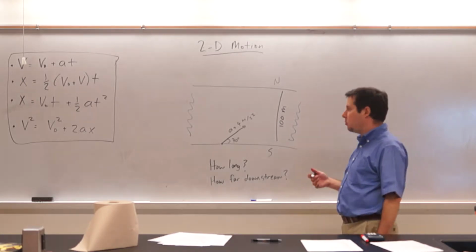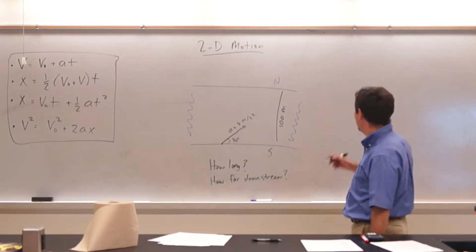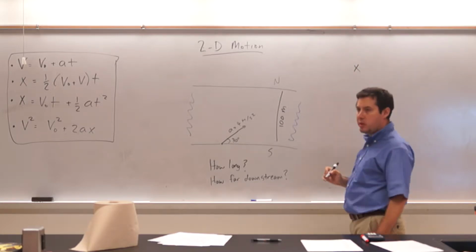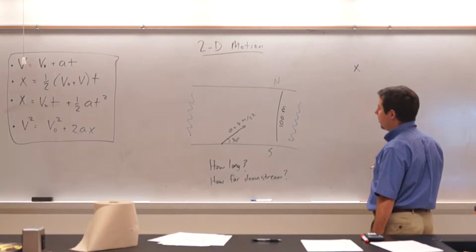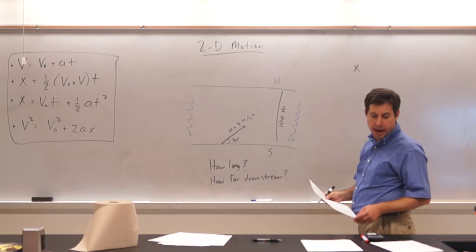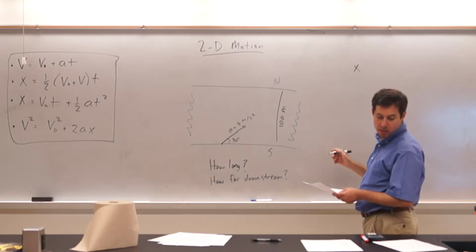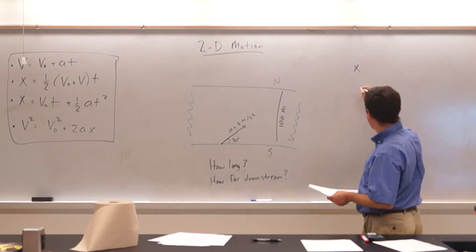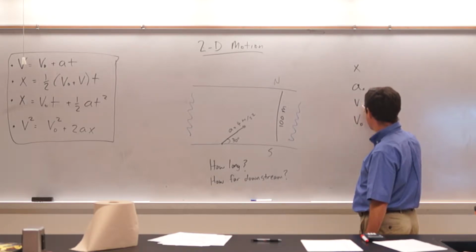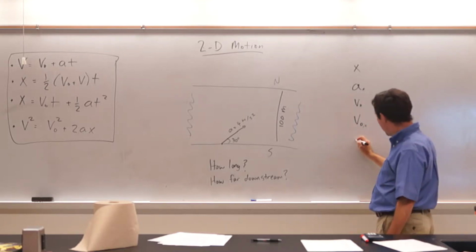Well, a good way to solve problems like this is to start by making a table of what you know. So, just like we did before, we're going to have variables x in the x direction, acceleration in the x direction, velocity in the x direction, initial velocity in the x direction, and time.